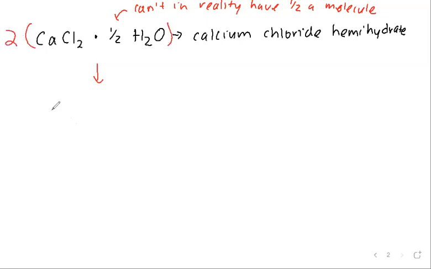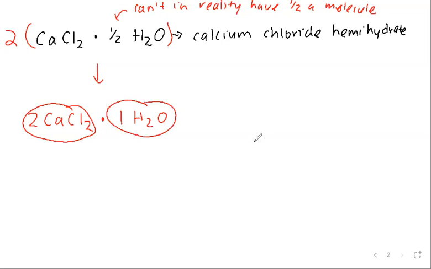So how this compound is actually found is 2 calcium chlorides and really 1 H2O. That for every 2 formula units of calcium chloride, you find 1 molecule of water.